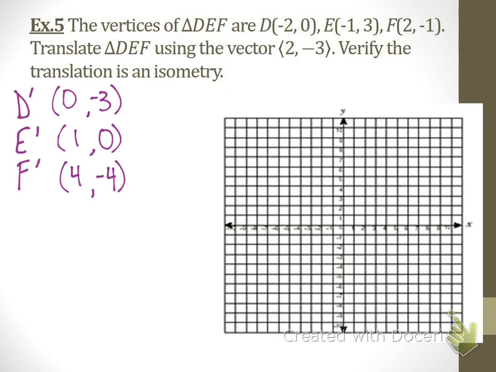There are a couple different ways we could verify that this is an isometry. One way would be to do it visually, so we could graph our original. So negative 2, 0, negative 1, 3, and 2, negative 1.